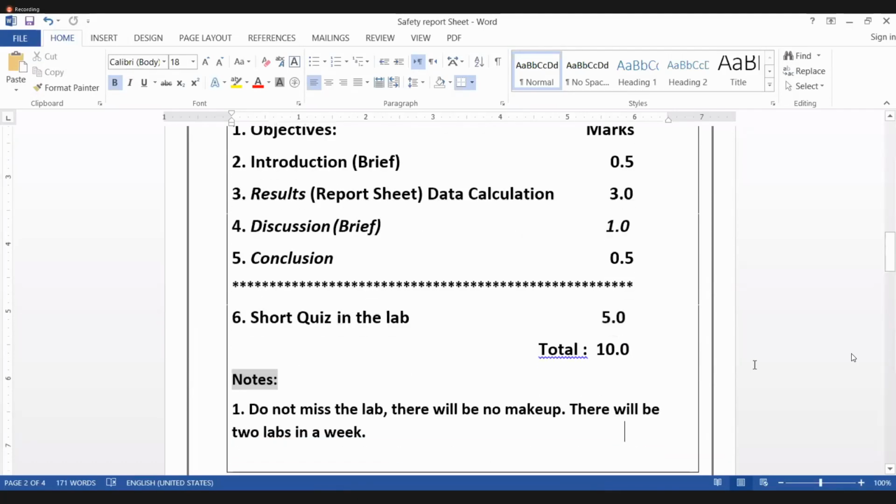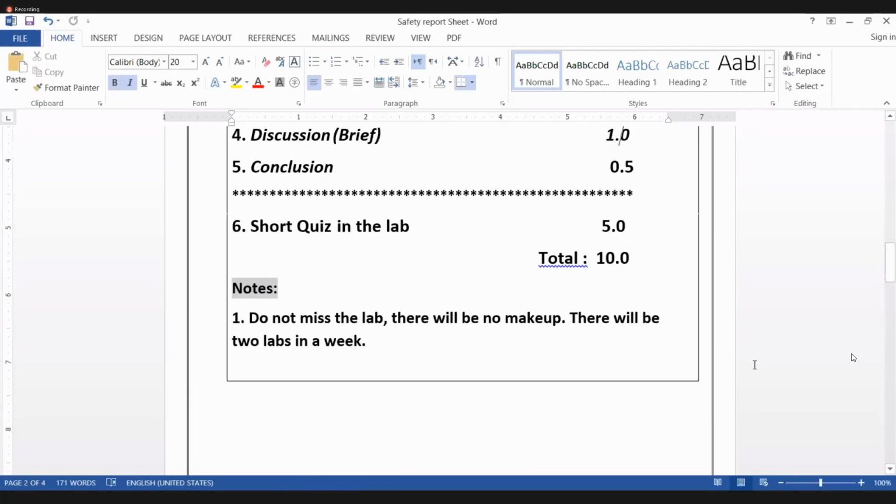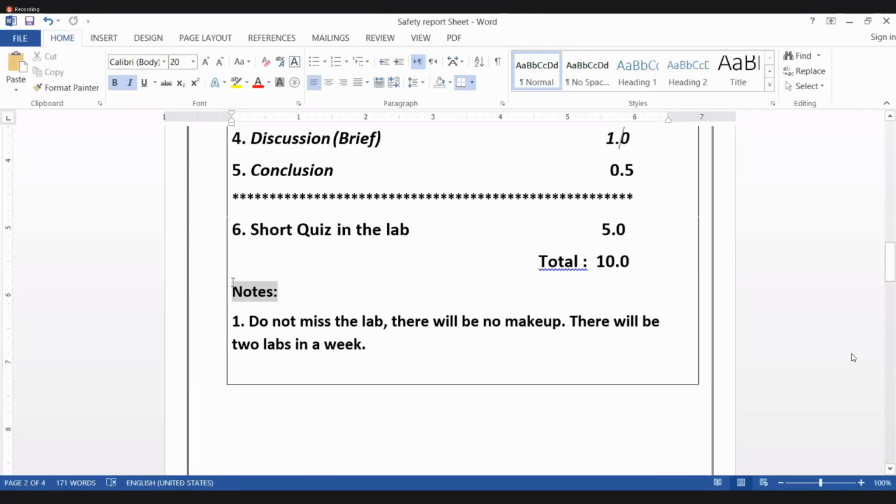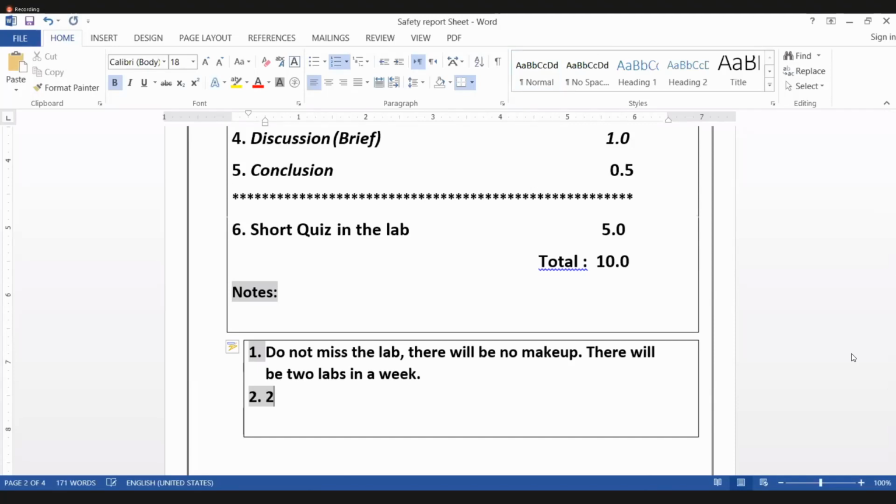All right, now look here, some notes are here. One point also we should have: if you are late to submit the report by 1 day, then 10% of 5 will be deducted.